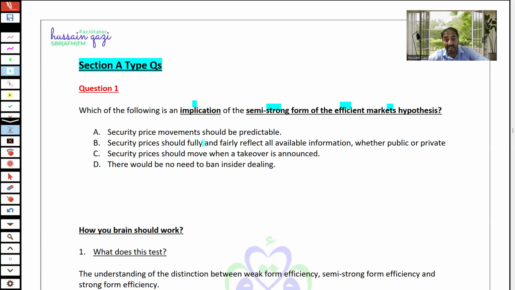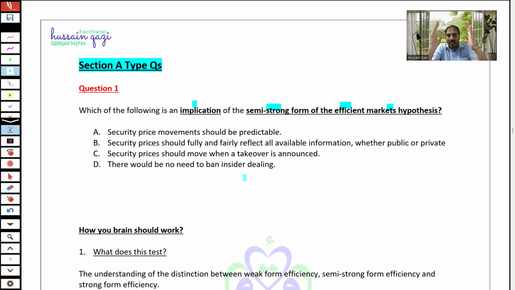Security price should fully and fairly reflect all information. Here the security price means shares. All available information, whether public or private. Security price should move when takeover is announced. There would be no need to ban insider dealings. There are four options. Relax.